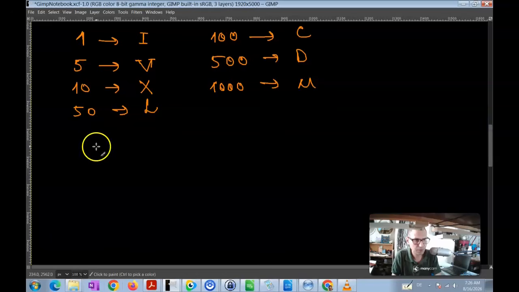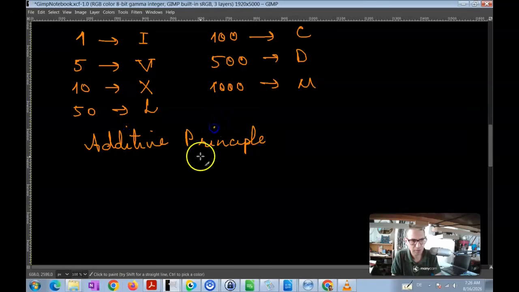So we have the additive principle here, and we also have something in this number system called the subtractive notation.